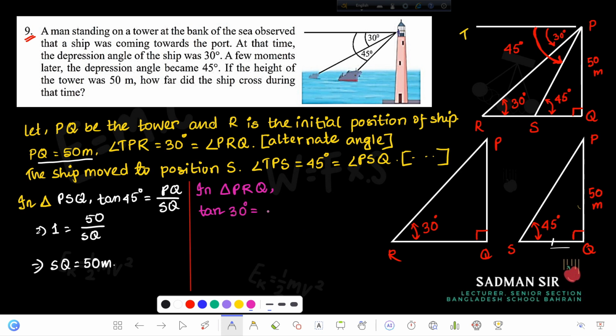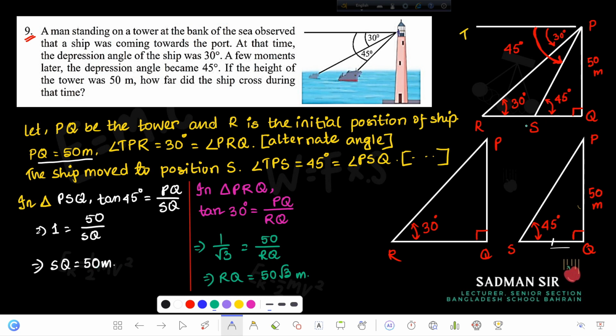So tan 30 degree will be equal to, the opposite is still PQ, PQ divided by adjacent is RQ. So tan 30 has a value of 1 divided by root 3 equal to PQ is 50 and then RQ is unknown. So if I do the cross multiplication, 1 into RQ, that will give us RQ, then root 3 into 50 gives us 50 root 3 meter.